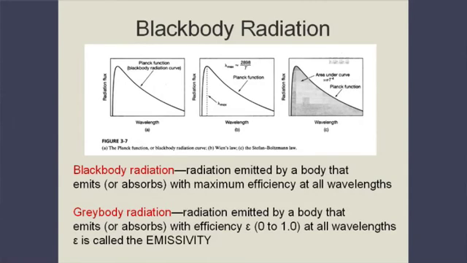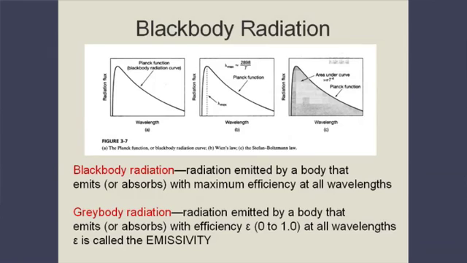So next slide. Now the idea of blackbody radiation is any object or body that has a temperature radiates radiation, and it's spread across wavelengths like this. So it radiates a spectrum of frequencies or wavelengths. And if a body is absolutely black, it's a black body. And that means it radiates the maximum amount of radiation at that temperature.